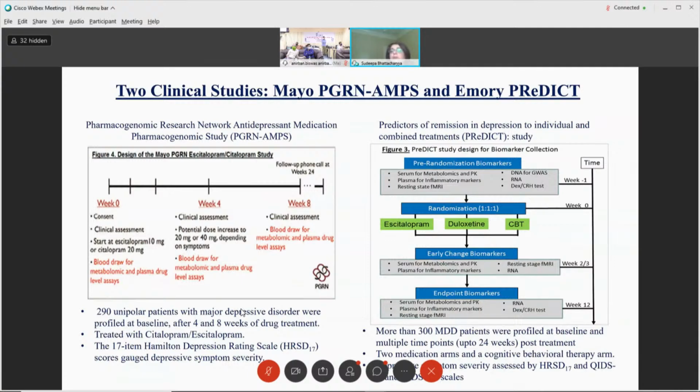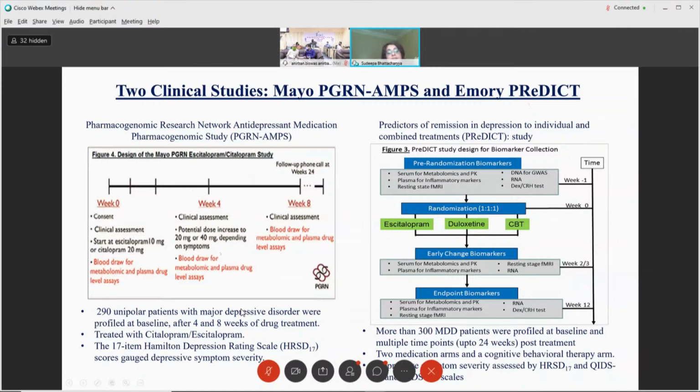So I'm going to talk about 2 studies that I mainly participated in during phase 1 of the consortium. One of the cohorts came from Mayo Clinic, the Mayo PGRN-AMPS cohort, and another cohort came from Emory, the Emory PReDICT cohort.